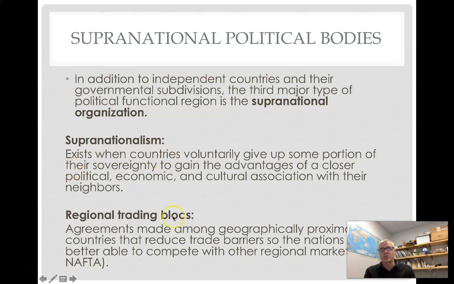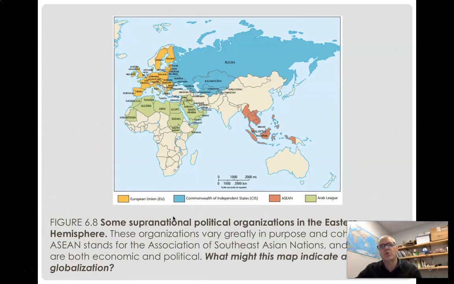And connected to that, there's this idea of regional trading blocs, which is another form of supranationalism, when countries get together and say, well, we're not going to tax each other's goods, or we're going to import and export things more smoothly between us, such as NAFTA, the North American Free Trade Agreement, where the US, Canada, and Mexico function together economically in some ways. There are a lot of these different types of supranational groups, the European Union being the main one.